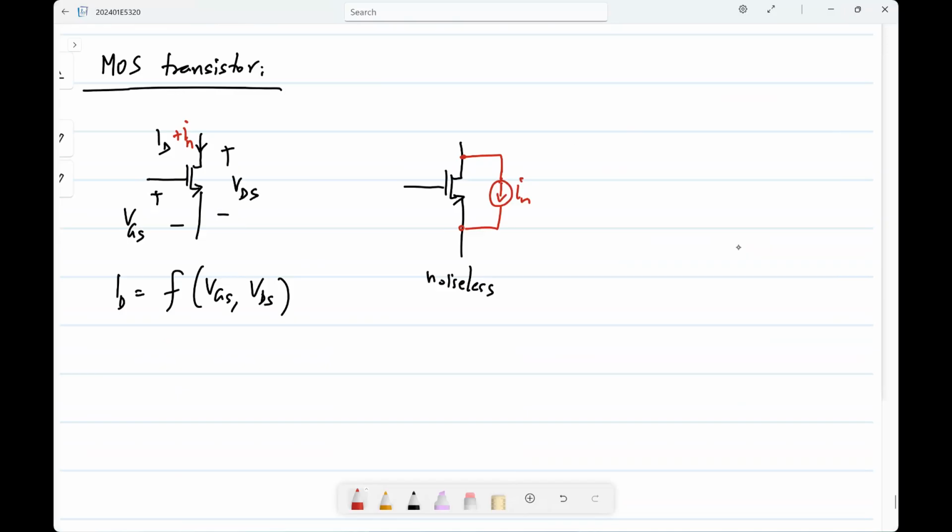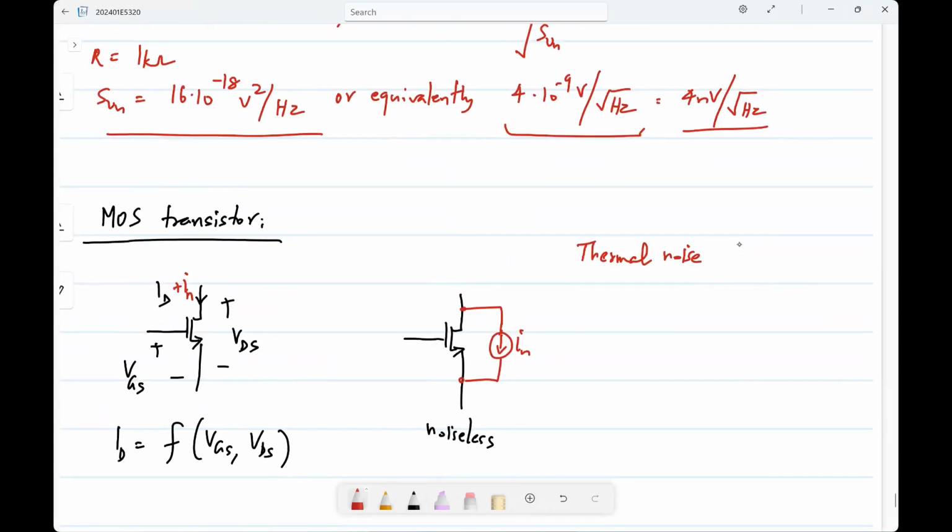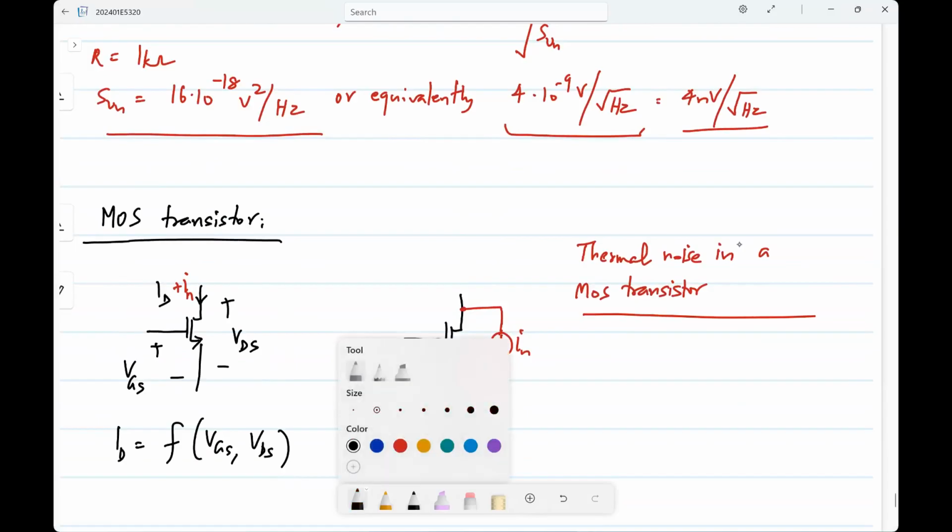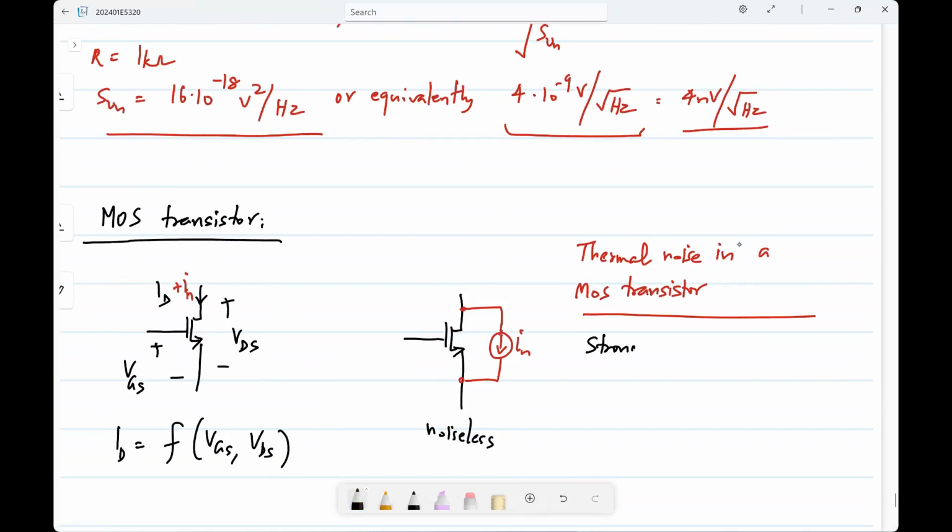So you have thermal noise in a MOS transistor, in the strong inversion region, in saturation, that is when VDS is sufficiently high that the current doesn't depend on VDS anymore. That's what saturation means.